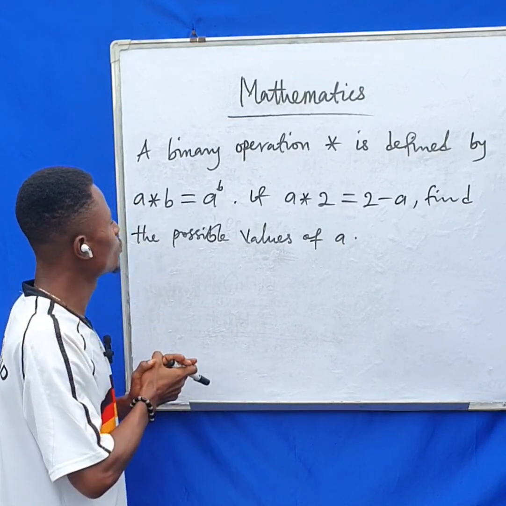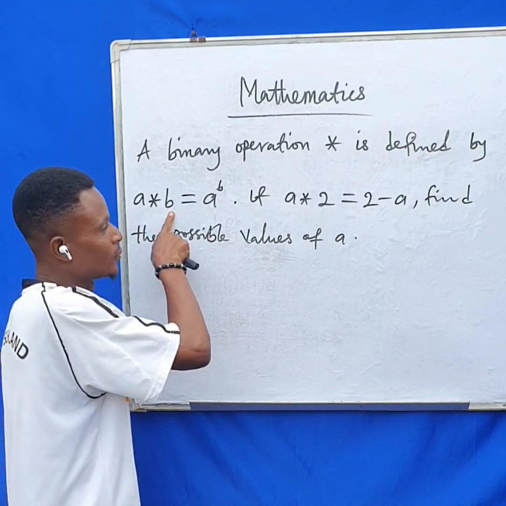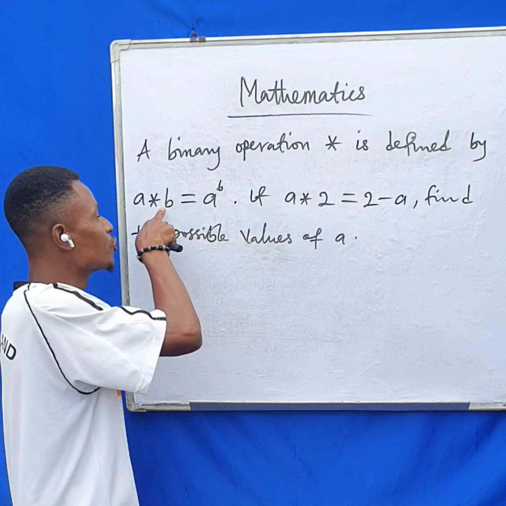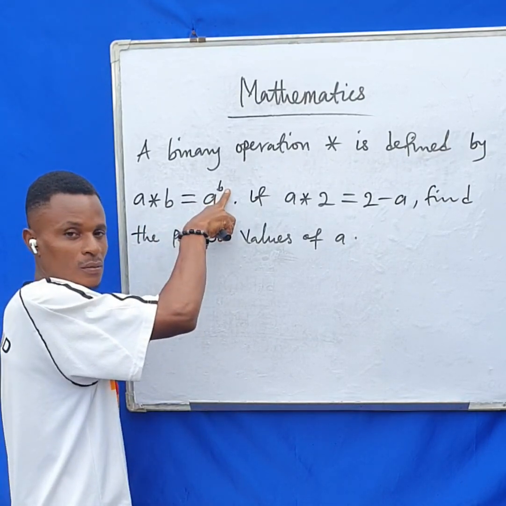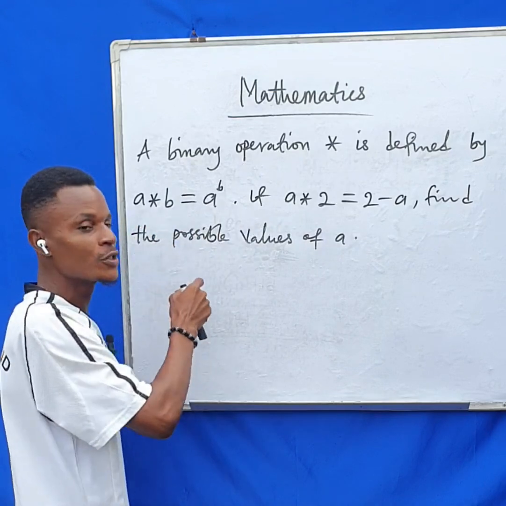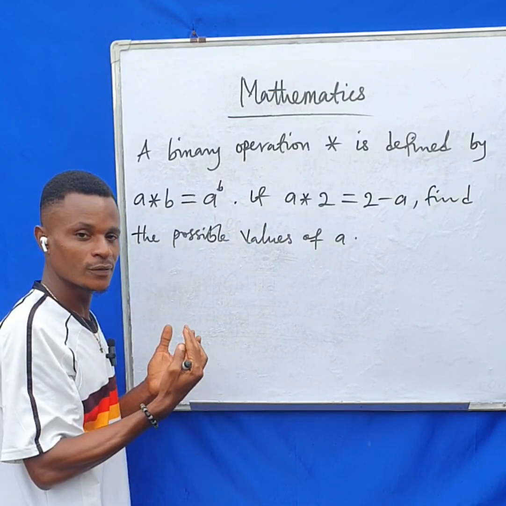You understand? So I'm going to show you what I mean. If you look at this, we are told that anytime you have a asterisk b, it is the same thing as writing this a here, and then you raise it to the power of this b. Now, if you compare this and this, remember I told you that the left-hand side and this left-hand side are for comparison.